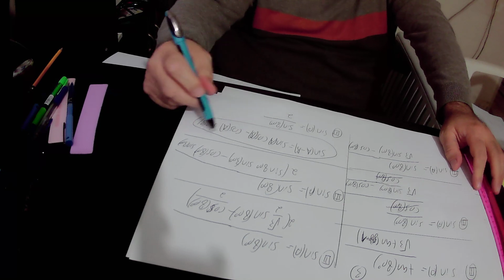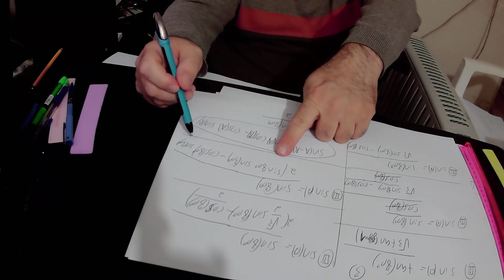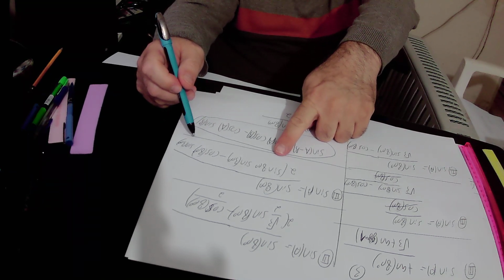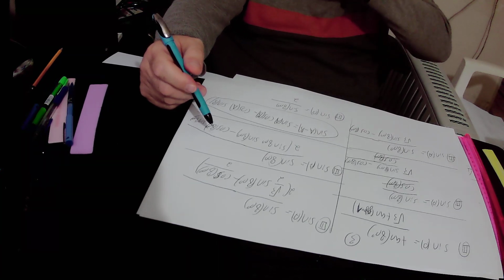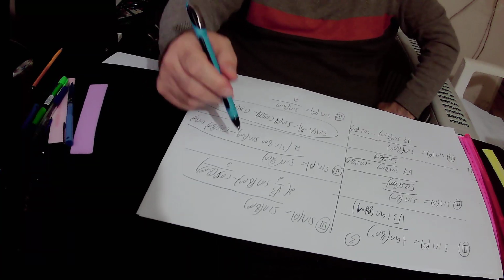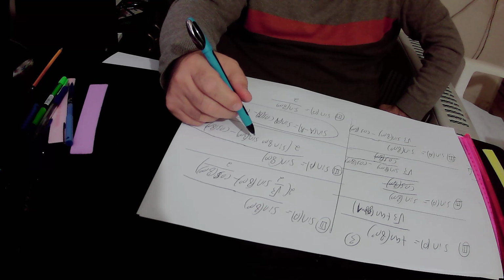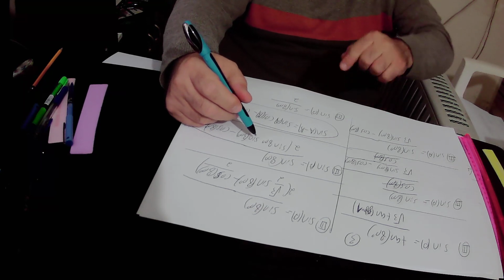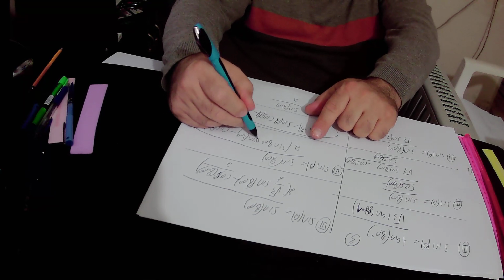over 2, and in this expression, sine 80 degrees times square root of 3 over 2, it is actually cosine 30 degrees, because square root of 3 over 2 is cosine 30 degrees.